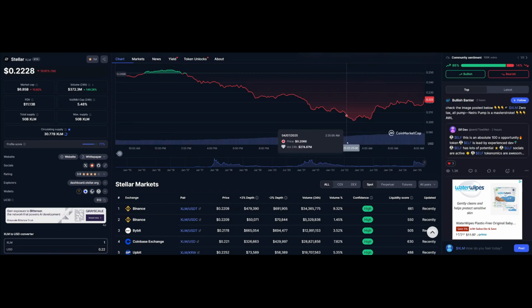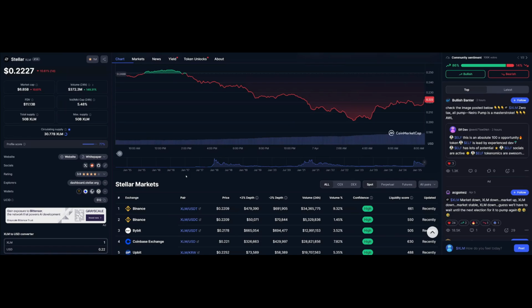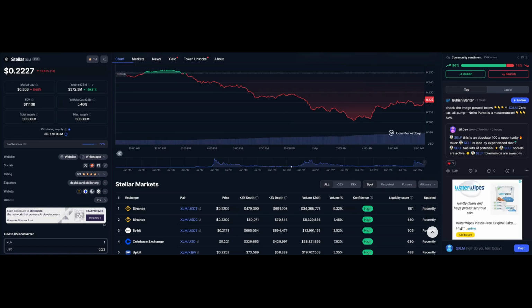Where is it at? The charts. This should show me I bought it at 11 cents. And I didn't buy that early. I bought here. 11 cents. Oh, this is interesting. Why is it not showing me that? This thing was down to 11 cents. It's not showing. What is this?